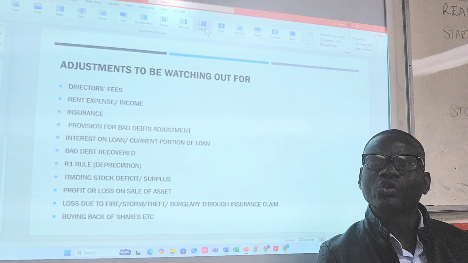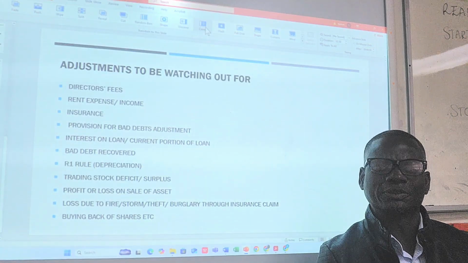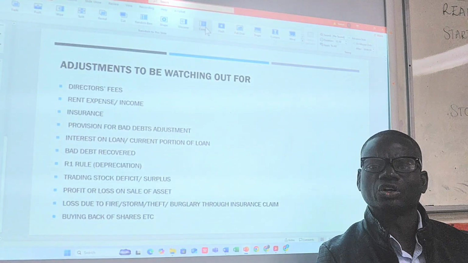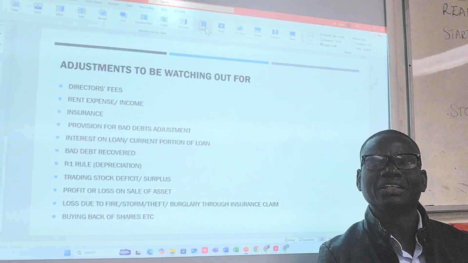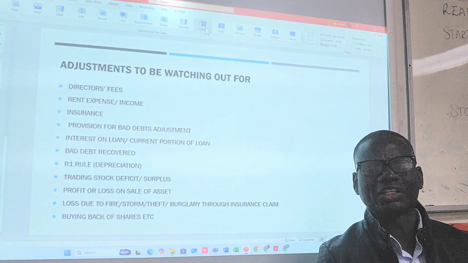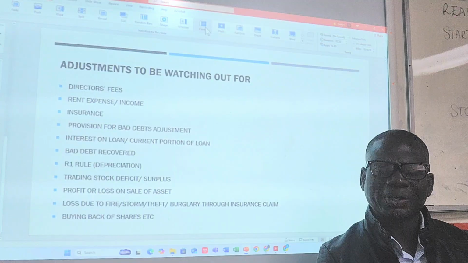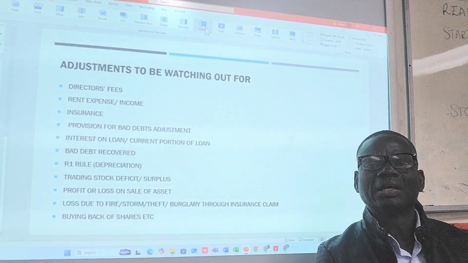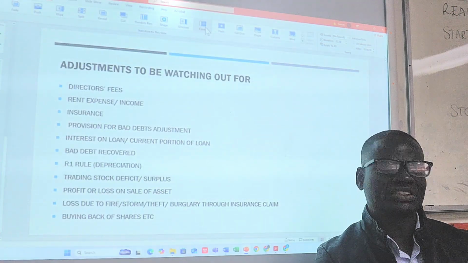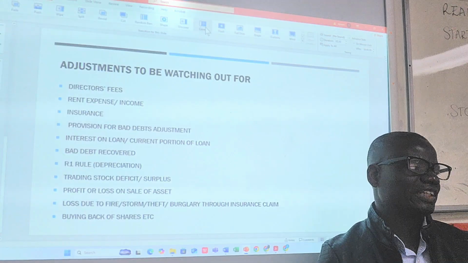And it means that if you calculate depreciation on that asset, especially on the cost method, it might be more than the carrying value. Therefore, you ignore that depreciation, and you subtract the accumulated depreciation from the carrying value in the beginning. That will be your depreciation of that asset for the year.